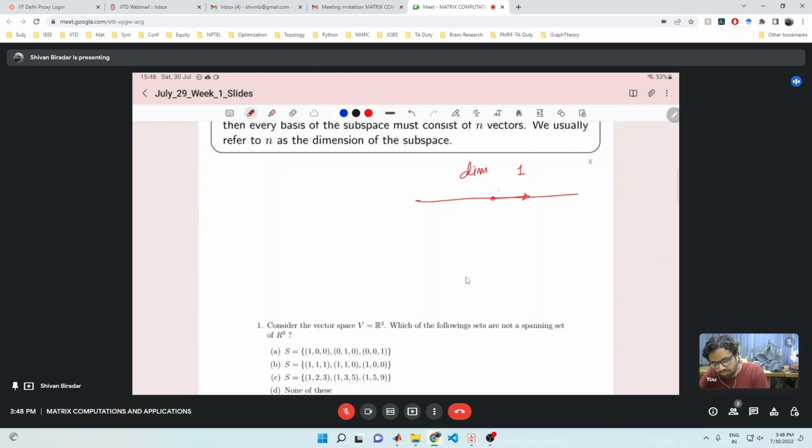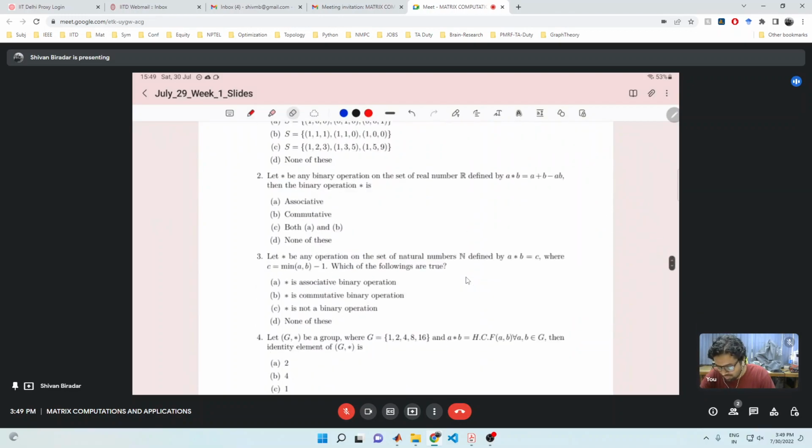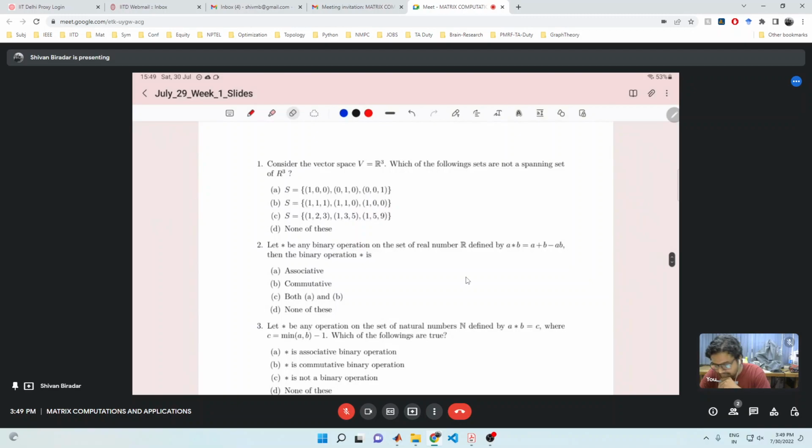So dimension to span this space is 1, and dimension to span this space is 2, and extending this, the dimension to span this space would be 3. So this was the basic, and now we'll go on to some problems.